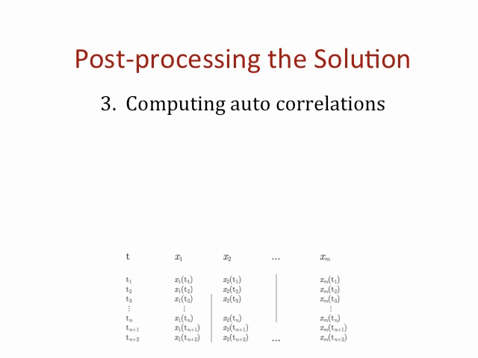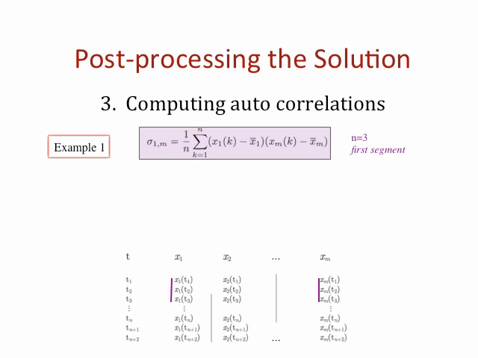The third way of post-processing the solution is to do some statistical tests of it. And this comes down to producing correlations or autocorrelations between concentrations. In the first example, I show how the first segment in the response is examined for correlations.